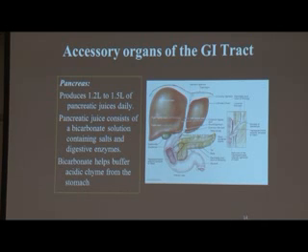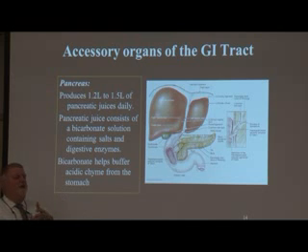Just to summarize, we have acid in our stomach so we can dissolve food. But the dilemma with the acid in our stomach is that most of the enzymes we use to digest food will not work in an acidic environment. So as the chyme is exiting the stomach, we have to adjust the pH to a basic pH, above pH 7, so that the enzymes we need to continue the digestive process can actually work.